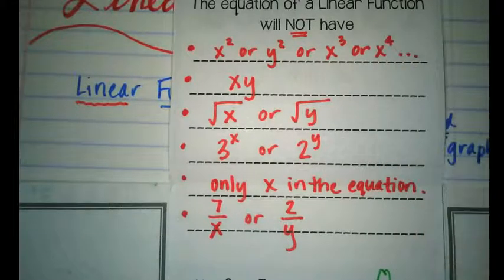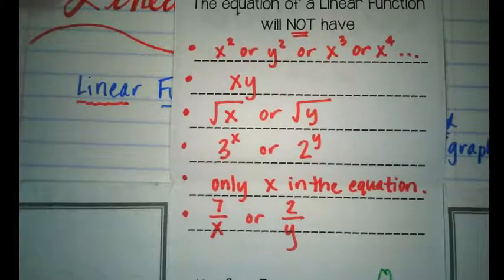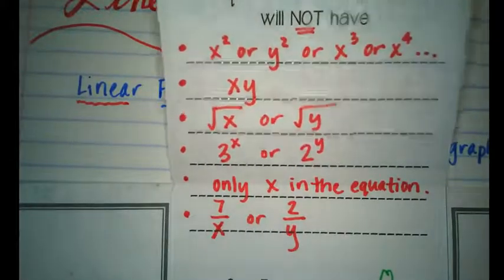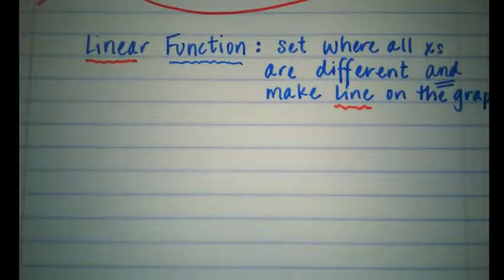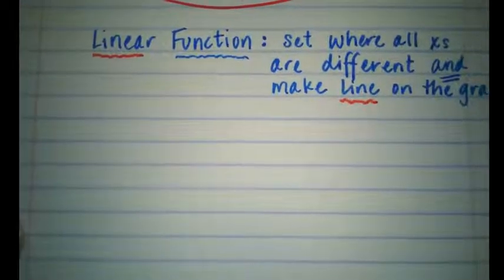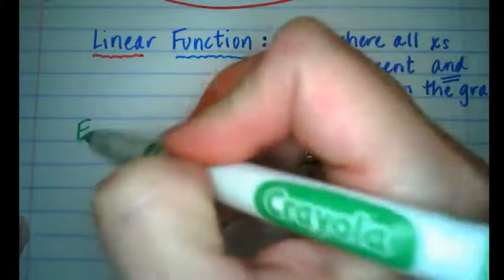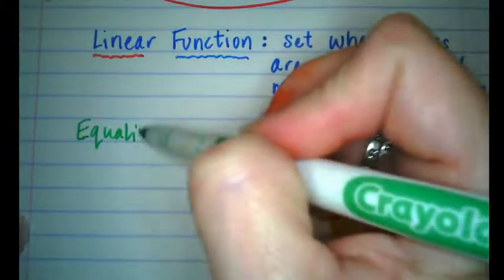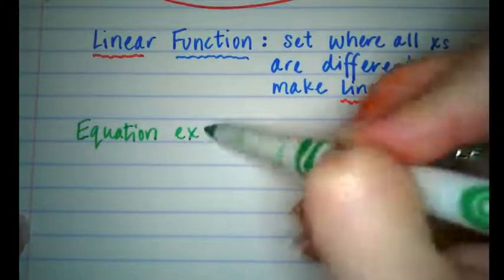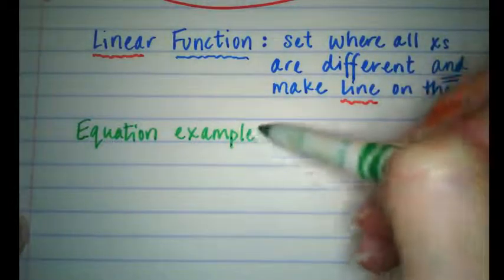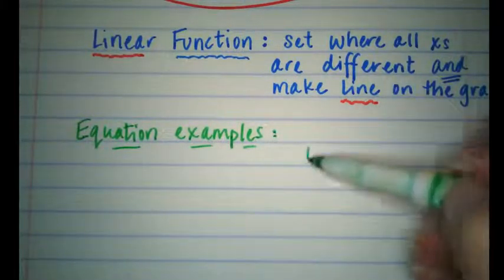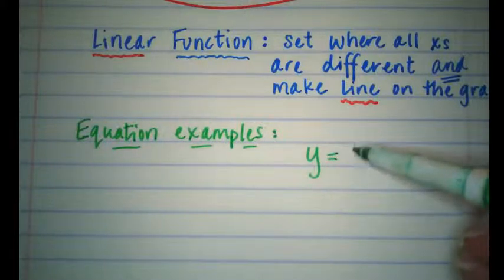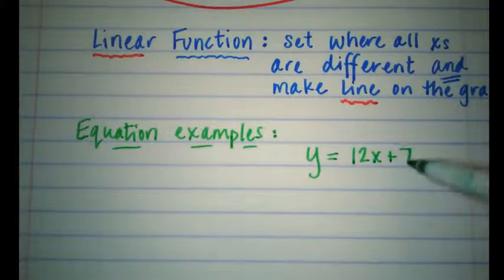So what I want to do is write on our notebook paper the types of things that would look like a linear equation. So here are equation examples. Let's say that we had y equals 12x plus 7.